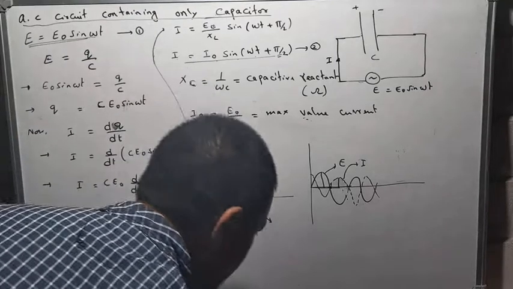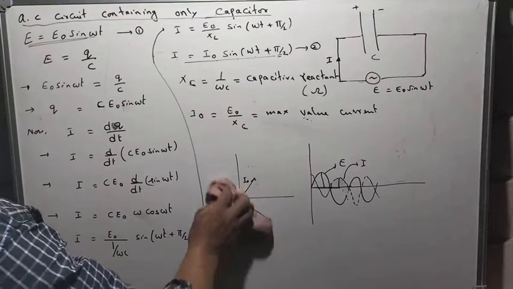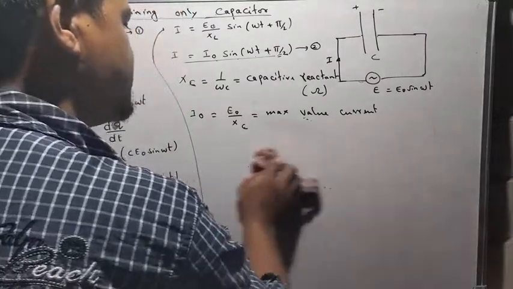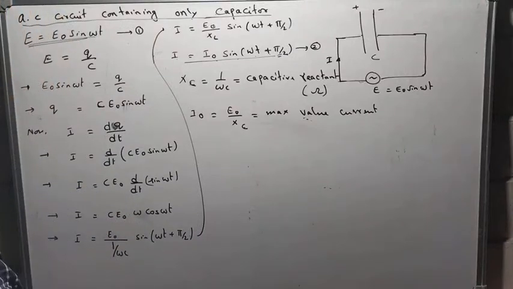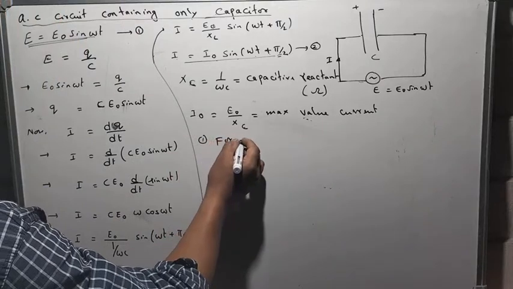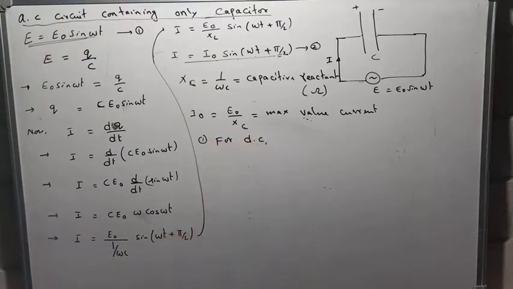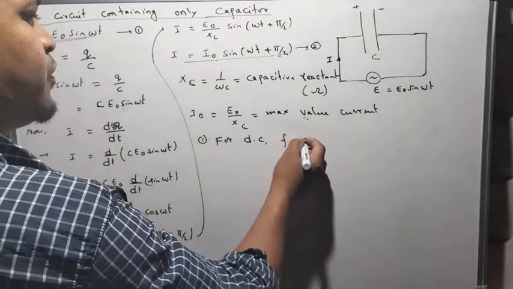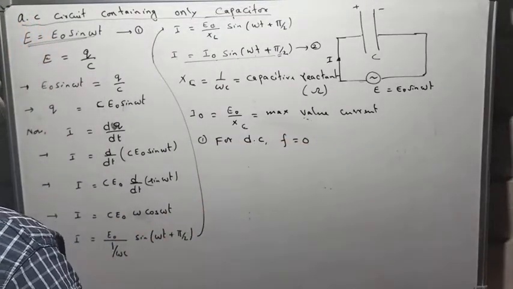Now, after this, we will look at the special cases. The special case number 1 is for direct current. For direct current, we know there is no frequency. That means f is 0.